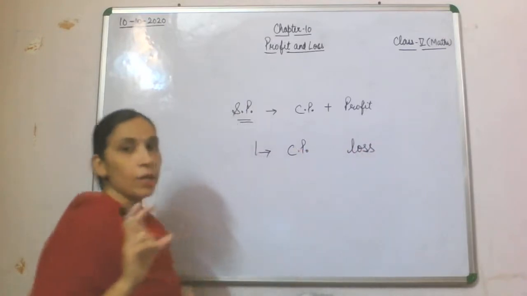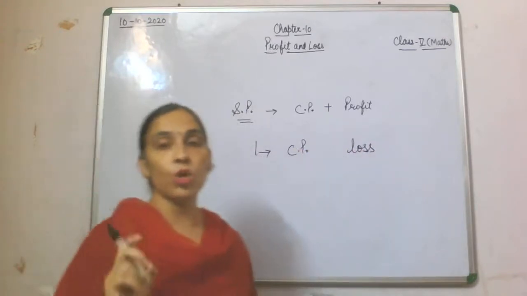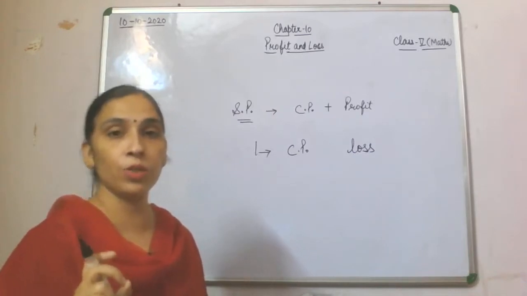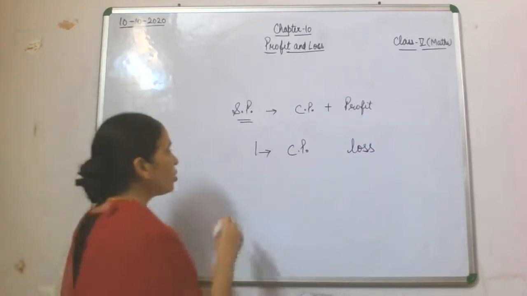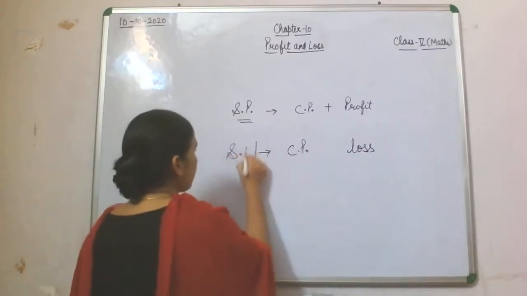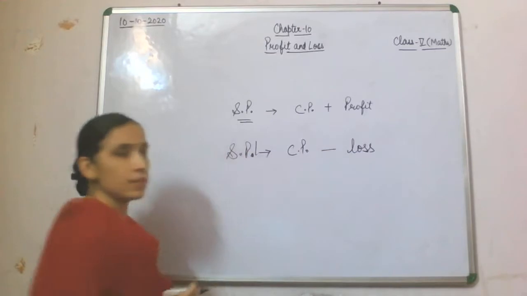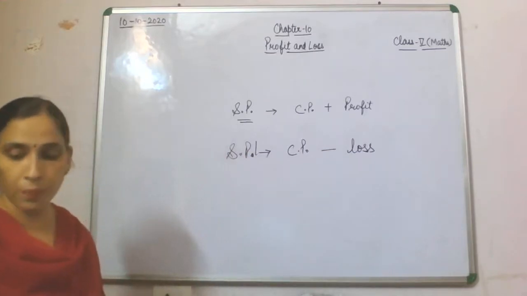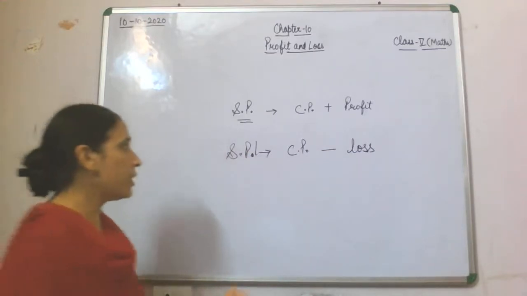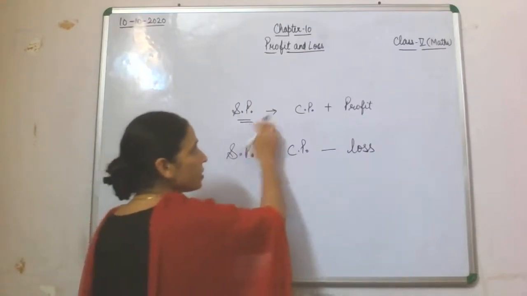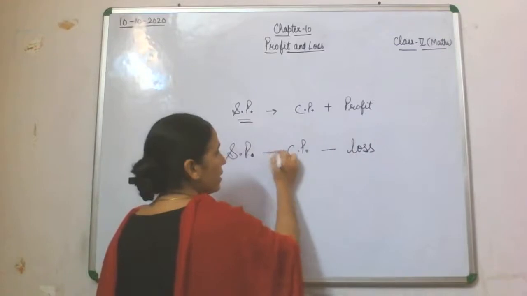Now if I talk about loss, the selling price will be less. So in that case the loss will be subtracted. Quite simple. When you are getting profit, it means the selling price will be more, then that profit will be added.